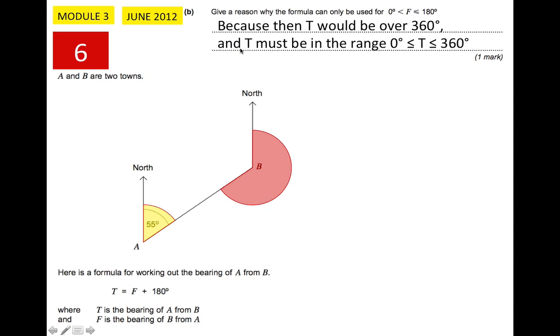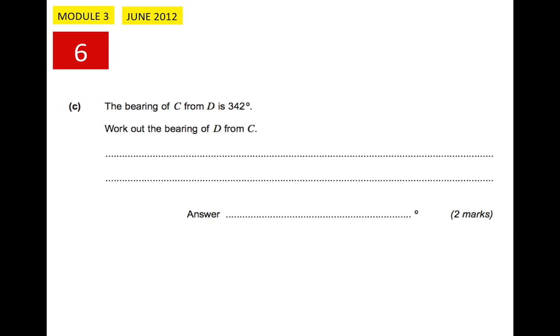So I've written, and T must be in the range from 0 to 360. And in fact, if you've got an angle over 180 and you want to find the reverse bearing, you don't add 180, but as I mentioned earlier, you take off 180. And the third part of the question involves doing that.